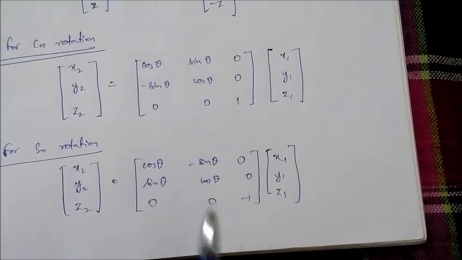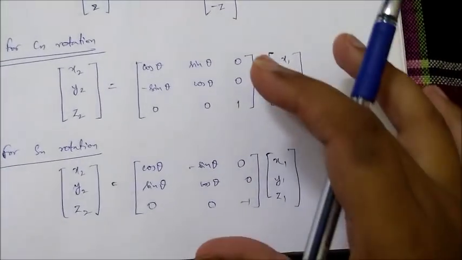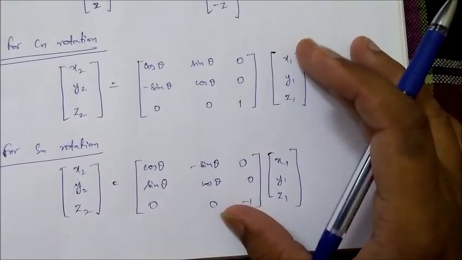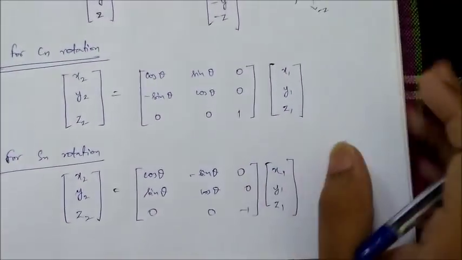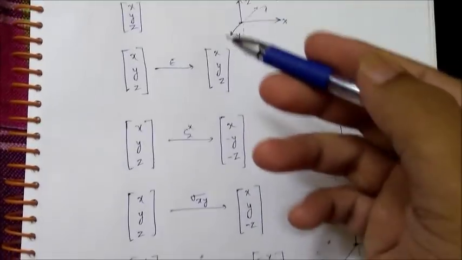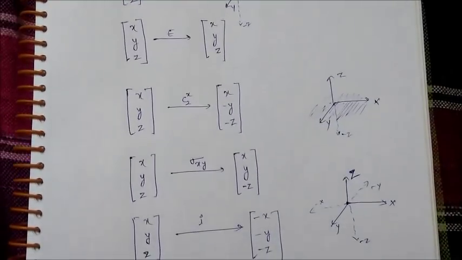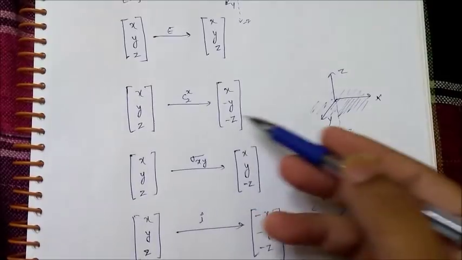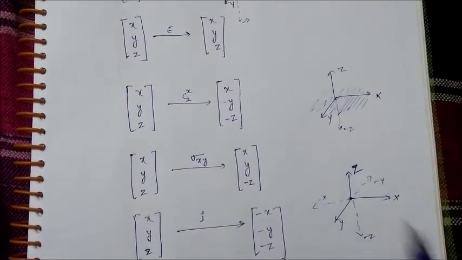These things you have to keep in mind, and write them somewhere so that you never forget. And all the transitions which I have told you till now are derived from this thing only.